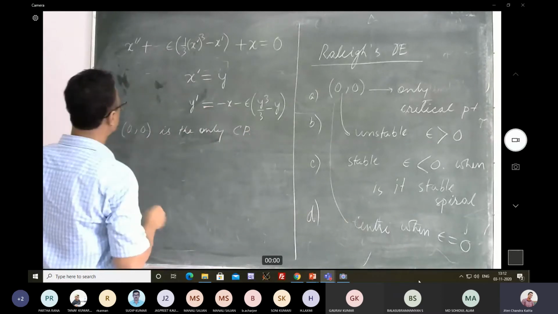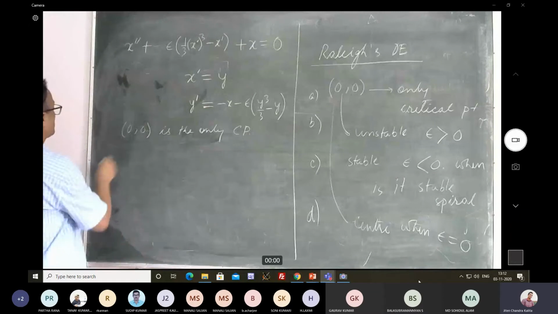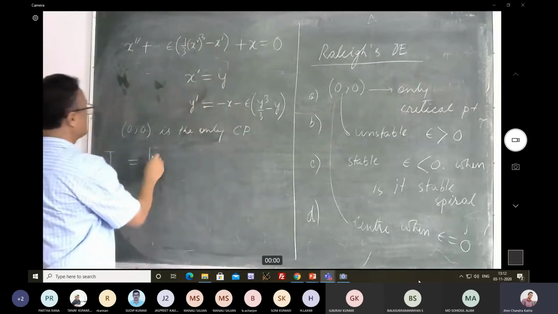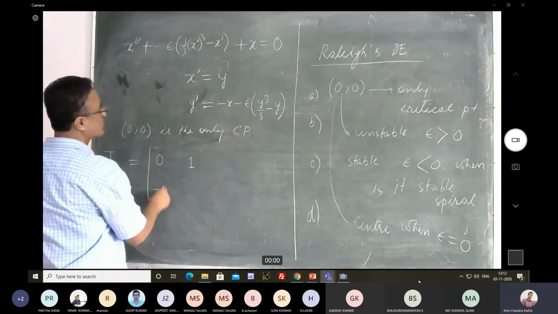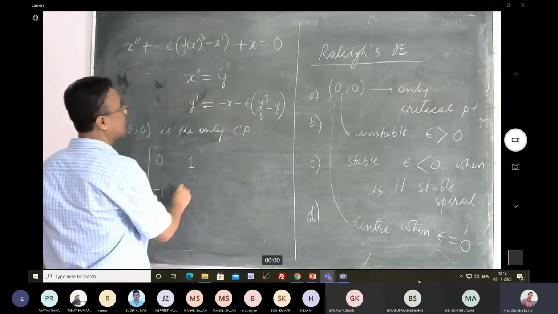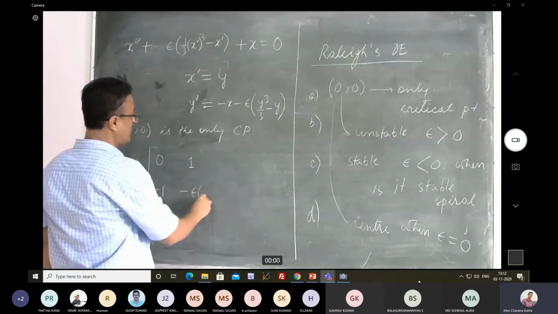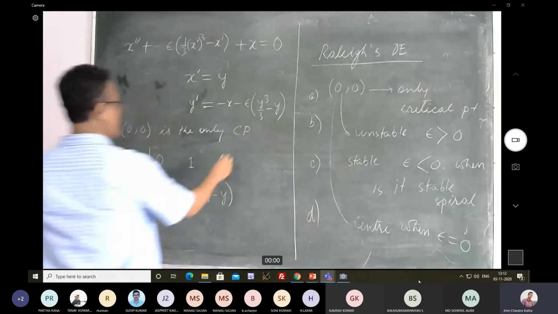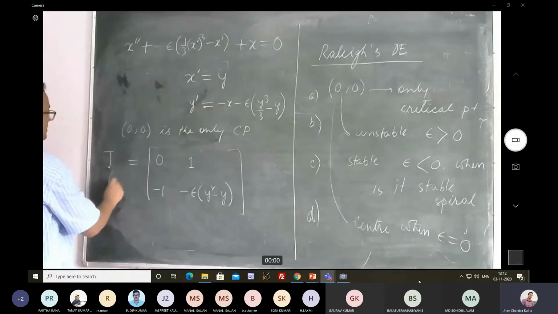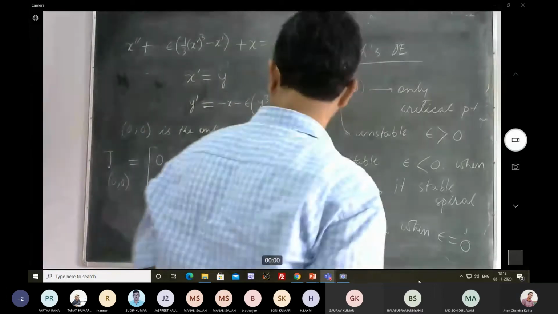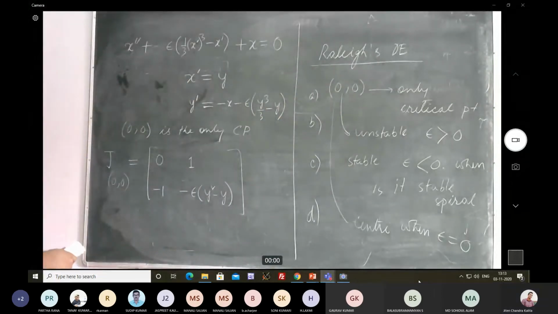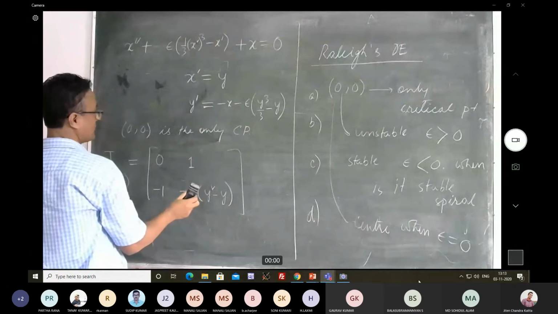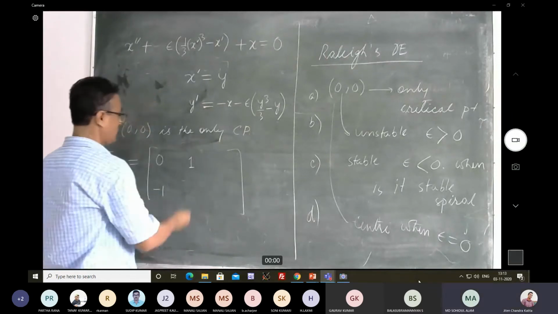Now we are going to find the Jacobian matrix. The Jacobian matrix is: 0, 1, minus 1, and then minus epsilon times (y squared minus 1). Obviously at 0, 0 it becomes this.